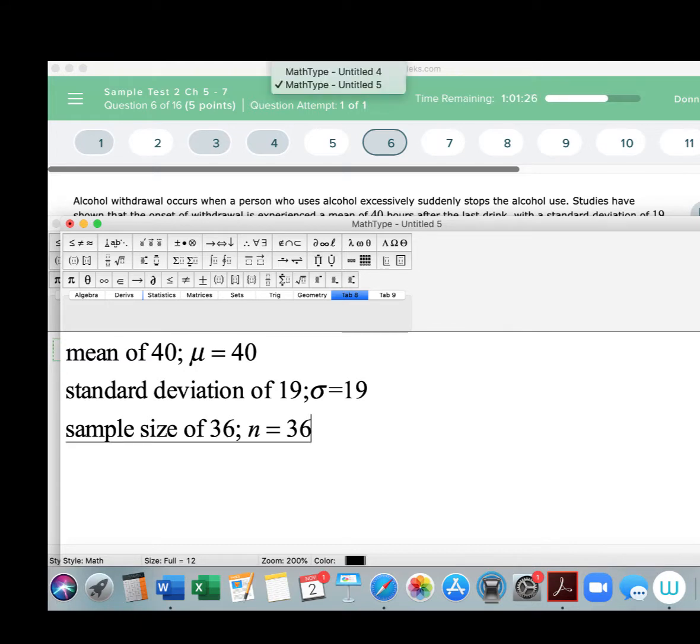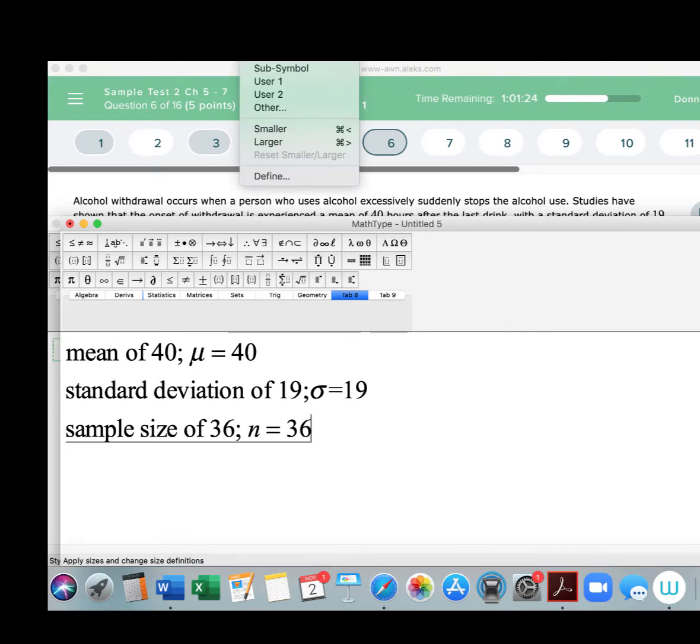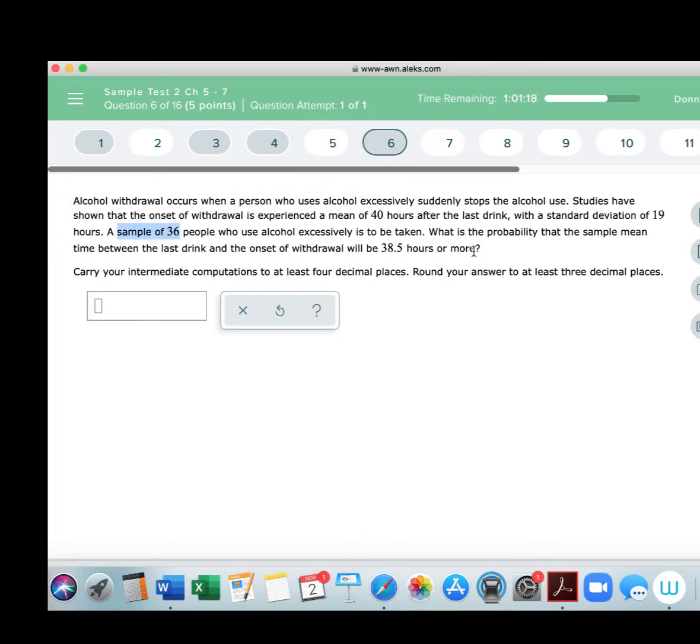In our problem, they want to know, let's find our problem. What's the probability that the sample mean, and again, that's another clue that it's the central limit theorem for sample means, that the sample mean time between the last drink and the onset of the withdrawal will be 38.5 hours or more.